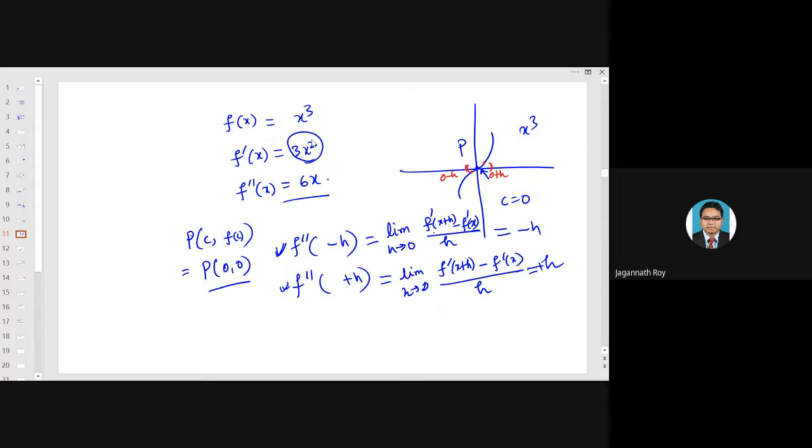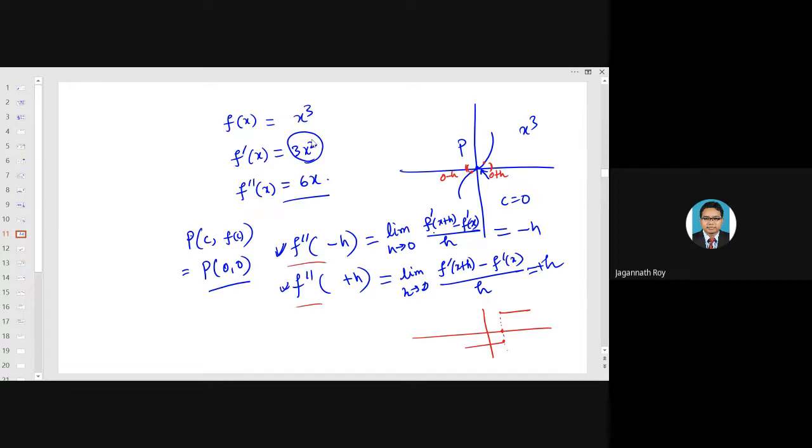Now, when you have a discontinuous function, for example, if you have a function like this, which is a discontinuous function, at this point you cannot check the concavity or convexity, because you don't have sufficient permission to get the derivatives.